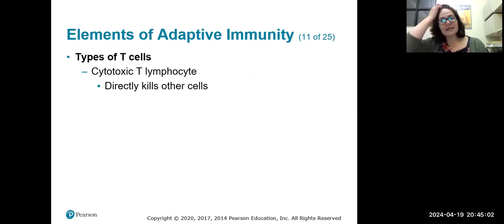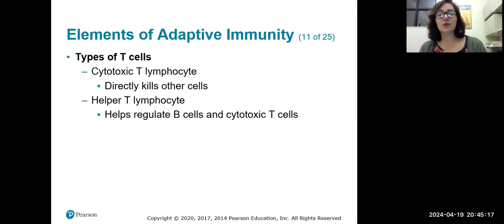We talked about the cytotoxic T cells. These are the ones that can actually, this is the cop that goes right up to the cell and checks. And if it sees a problem, it can actually directly kill the cell. And then there are the so-called helper T cells. Those are really the boss T cells that help to regulate what the cops are doing.